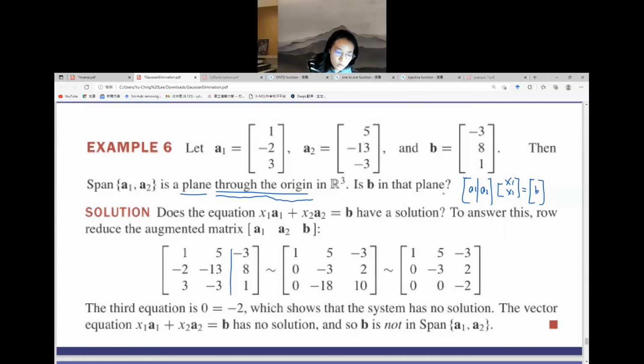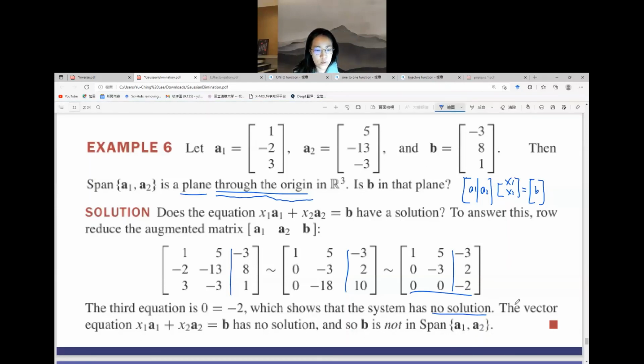We work on the augmented matrix, and eventually we find out that there is no solution as a result of Gaussian elimination. So we can connect it with the statement that b is not in the span of a1 and a2.